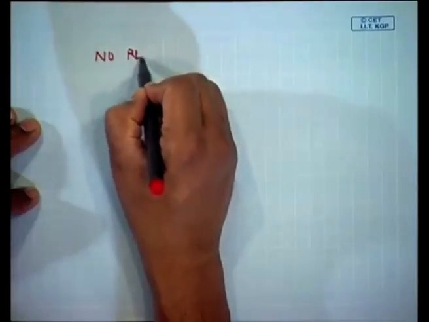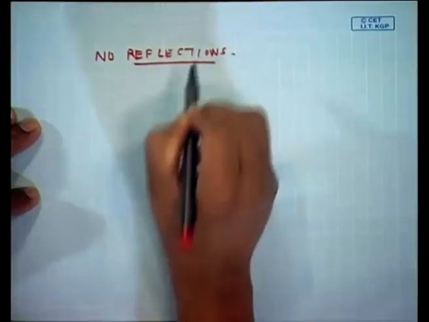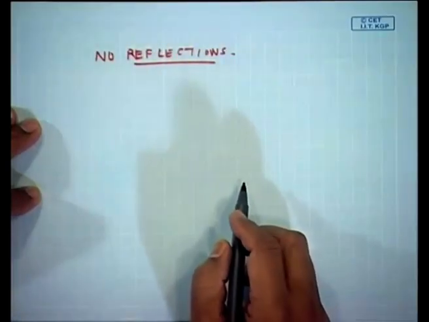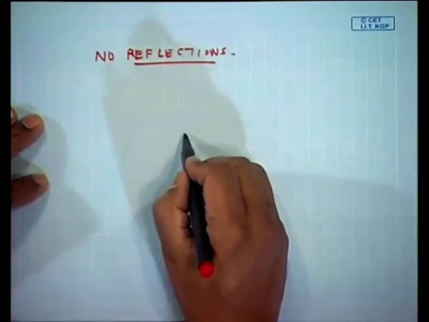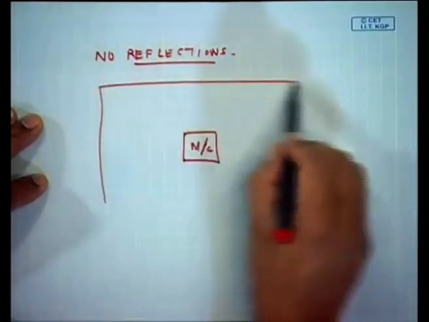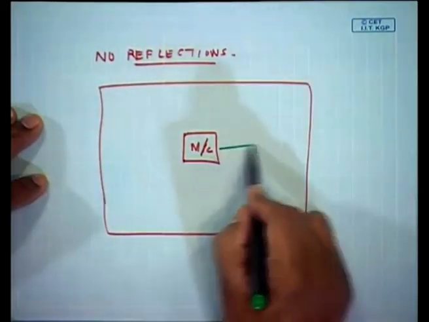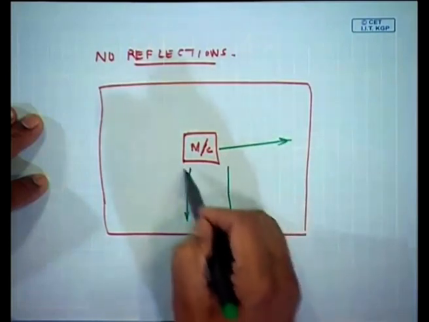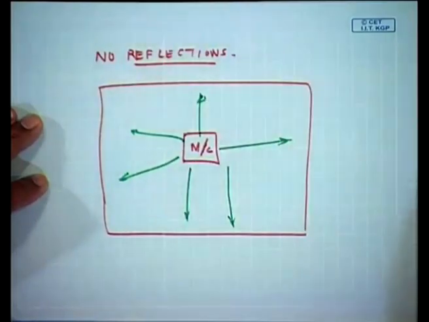Now, what do you mean by no reflections? How do you ensure that there are no reflections? So, we have to have certain boundary conditions. Suppose there is a room, if this was generating sound in every direction, we have to ensure that there are no reflections.